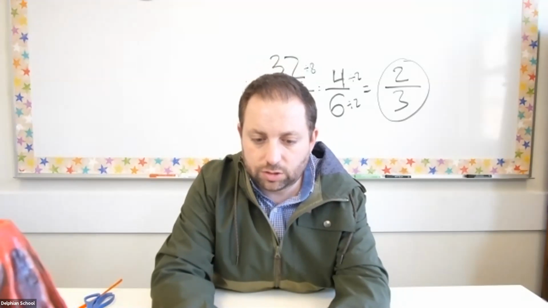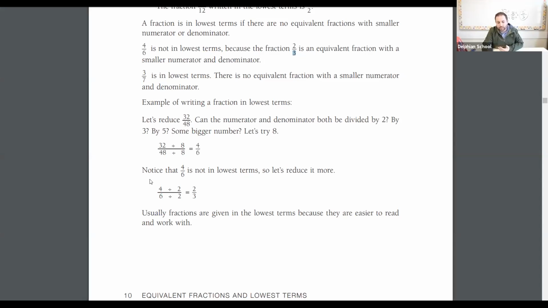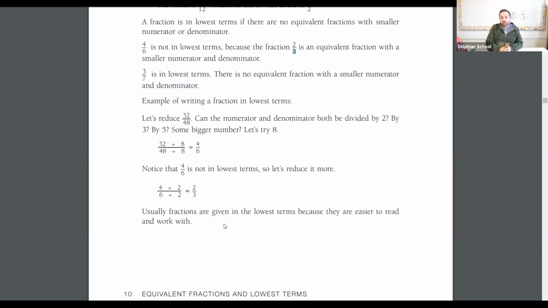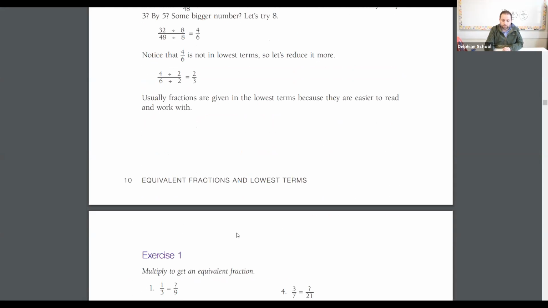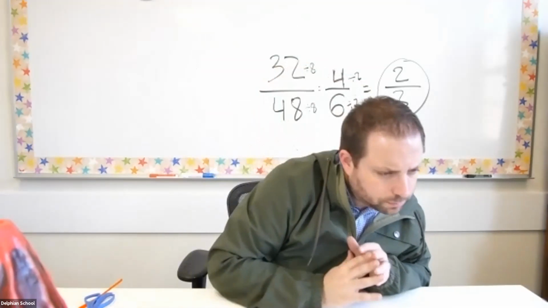Okay, so let's see what's left in that read. I think we probably covered what it had. It says, notice that 4/6 is not in lowest terms, so let's reduce it more. We did that. Usually fractions are given in the lowest terms because they are easier to read and easier to work with. Good.